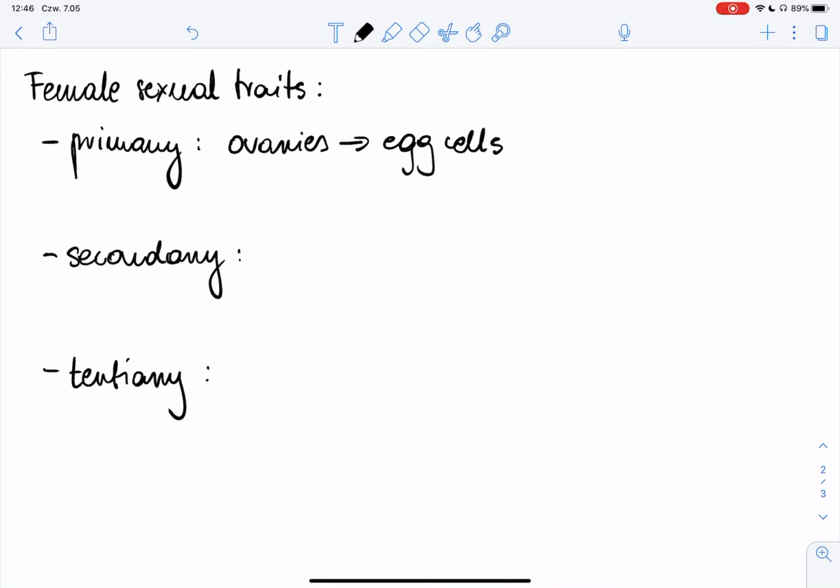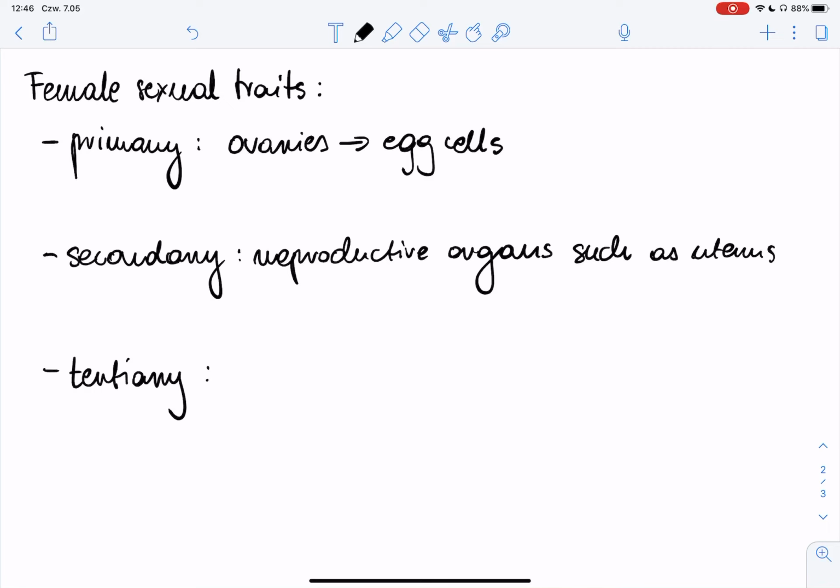Secondary are the reproductive organs, such as uterus. And the tertiary are the ones that are not connected to reproducing at all, and those are just what the body looks like.